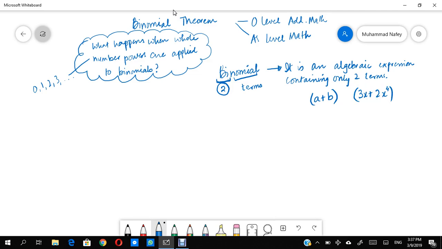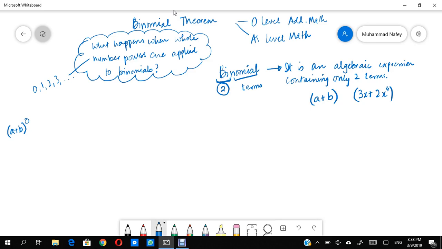So now let's come to the question that we want to answer in this chapter. That is, what happens when whole number powers are applied to binomials? For that, I want to go back to O-level mathematics, where we studied some identities, and that's where we'll actually begin. So let's have a binomial, a plus b. We'll use this binomial throughout this video. So what happens when I give a power of 0 to a plus b?